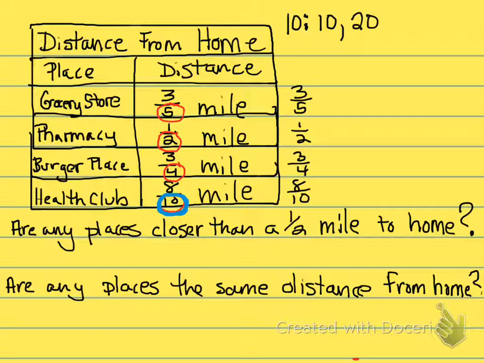And, of course, I just found out 20 is a multiple of 10. So I am going to use the least common denominator as my common denominator. So I want to change all of these to 20ths.